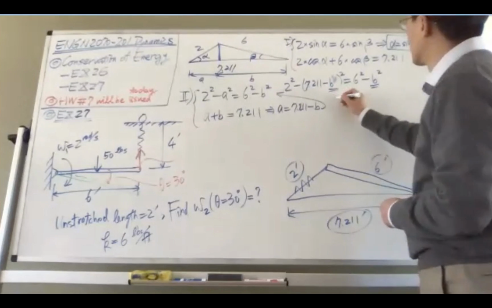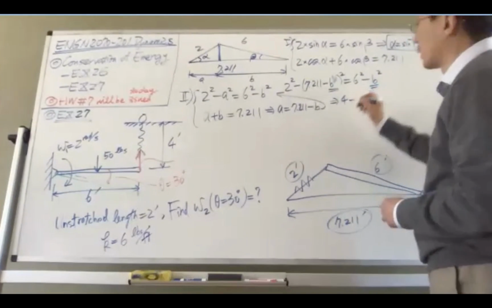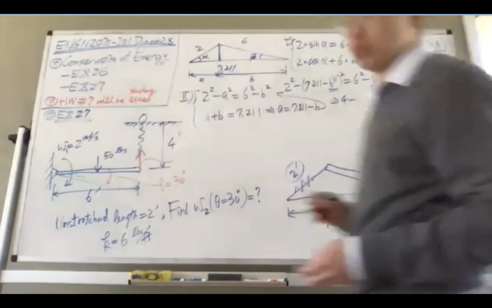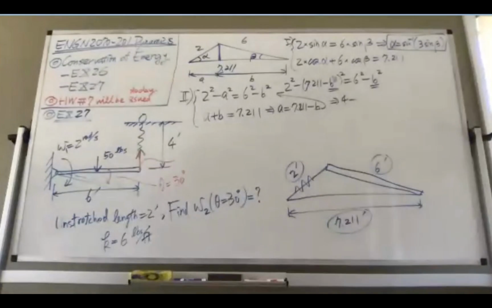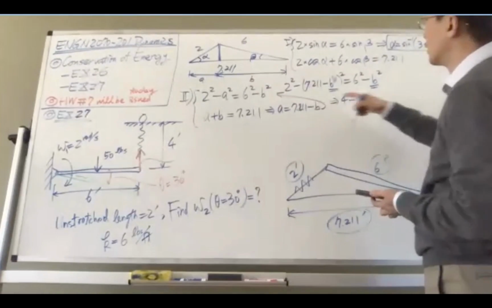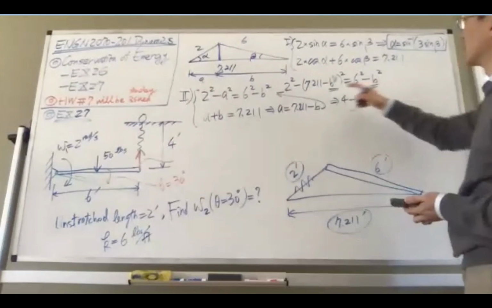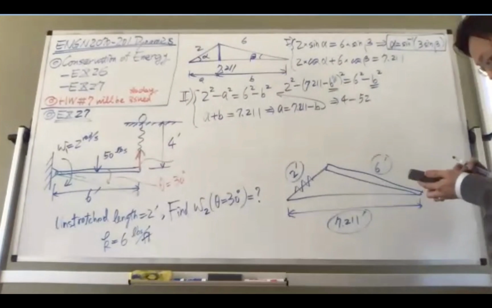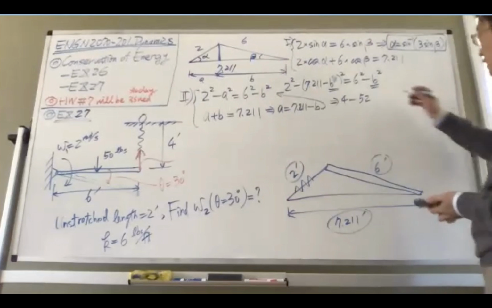So here you can actually find 4 minus 52 minus 52 and minus 2. So 7.211 times 2, that is 14.422.